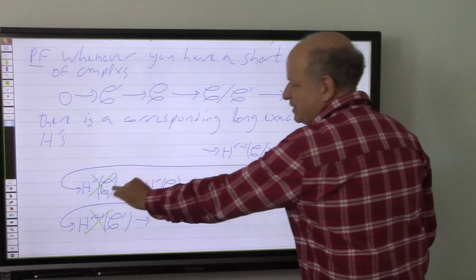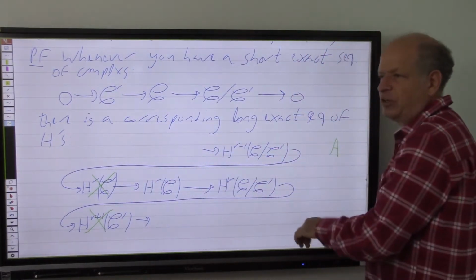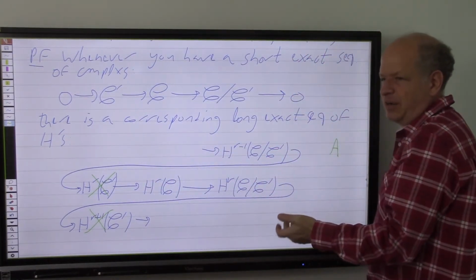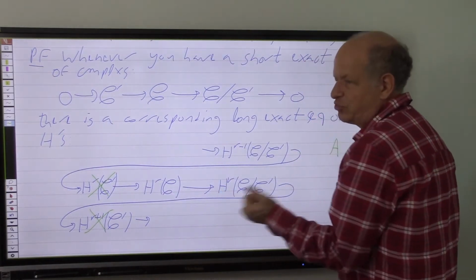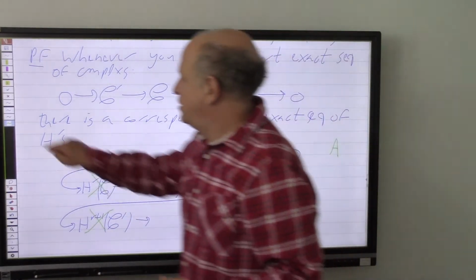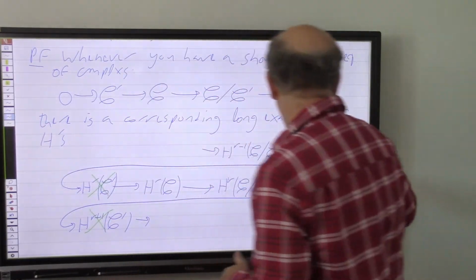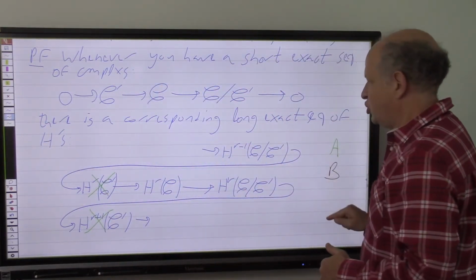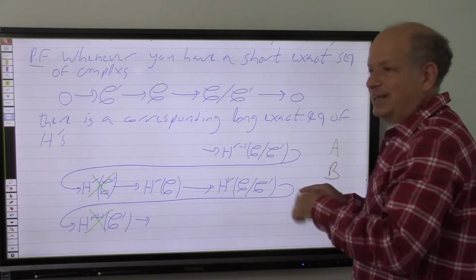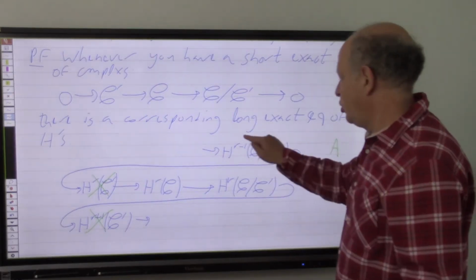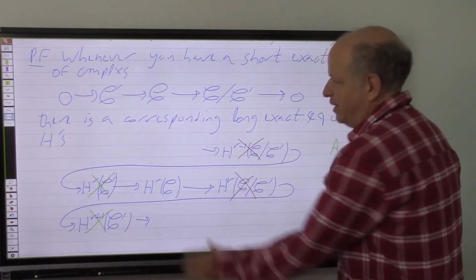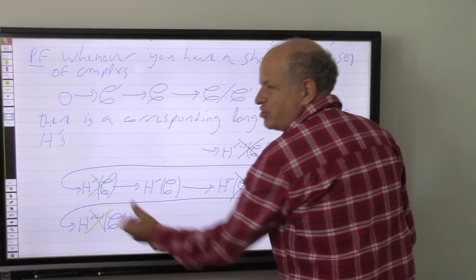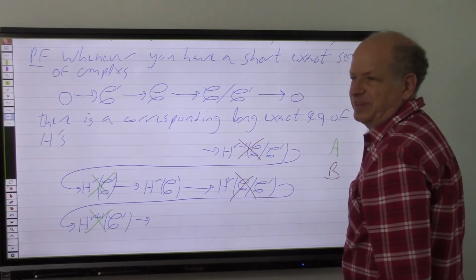And if you have 0 goes to A, goes to B, goes to 0, it means that A and B are isomorphic. So this is isomorphic to that, which is what we wanted to show. And case B in red: if the quotient has vanishing homology, then this is 0 and this is 0, and then these two are isomorphic. Okay?